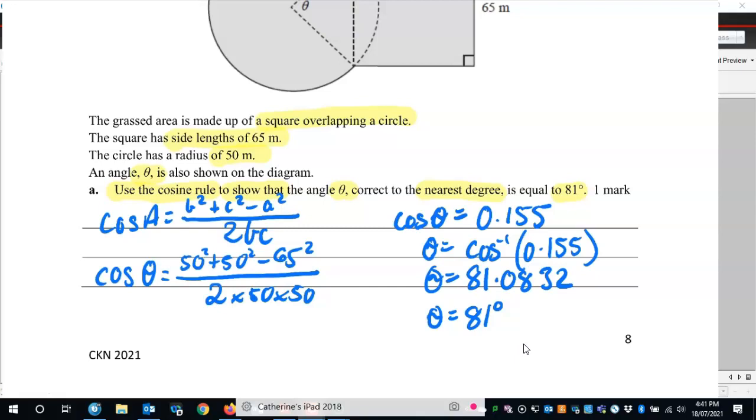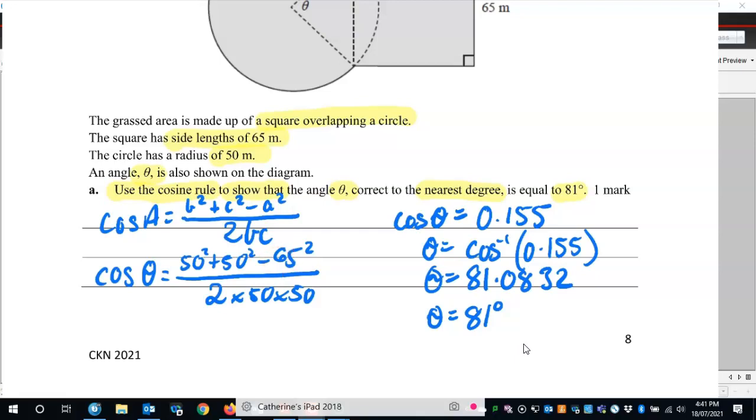Now, 56% of the state got 1 mark there, 44% of the state got 0. And their statement here is most students were able to write the equation. So they were able to write the equation, but some made errors in the rule by placement of a 65 where a 50 should have been, or vice versa.